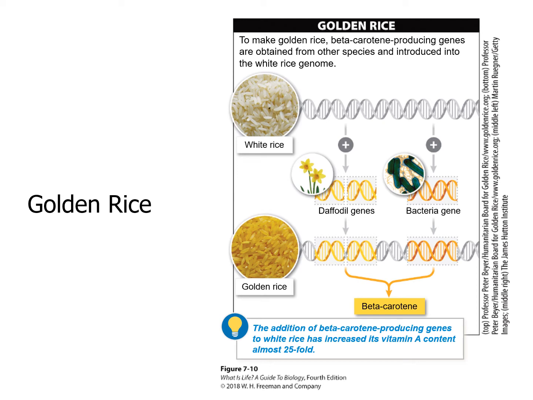So what scientists did is they modified white rice and basically inserted DNA from daffodil genes, which is that beta carotene, as well as some bacteria genes, which then creates something called golden rice, which is the product of adding that DNA to white rice, which then adds beta carotene into that white rice, which then puts vitamin A back into the diet of many, many people, because most of the world eats rice, actually.